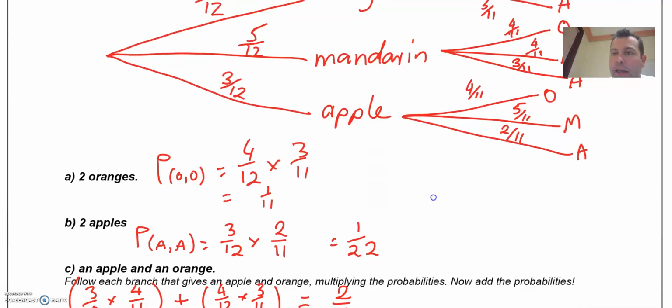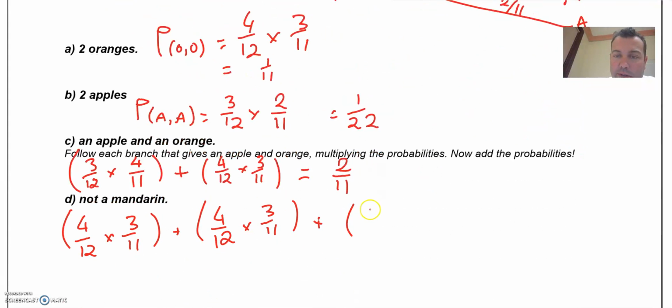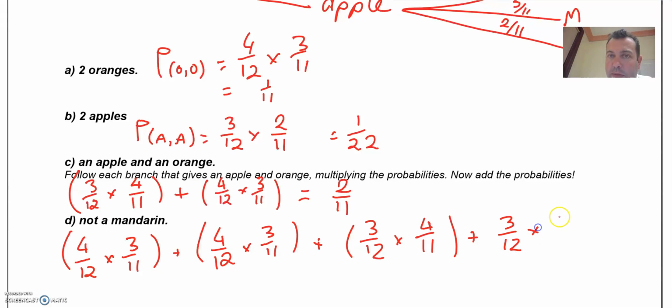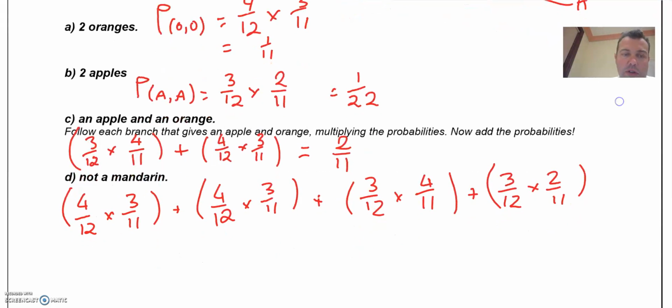So what are my options here? Apple, orange. We know that's, what was it? 3 over 12 times 4 over 11. Right, that's another one. And I want apple now. That's 3 over 12 times 2 over 11. Alright, what does that equal?